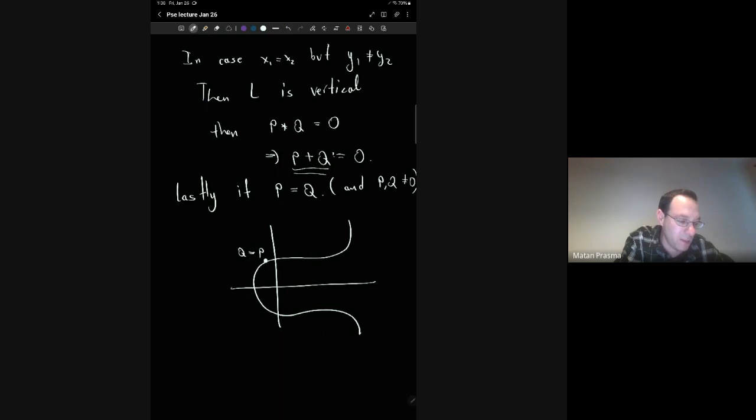So to double a point, I need to draw the line that passes through P and P. This is like the tangent line to E at P. And I claim that this tangent line will intersect E exactly at an additional point. This would be P star P. And then I will reflect and we'll get P plus P. But I need to show it algebraically.